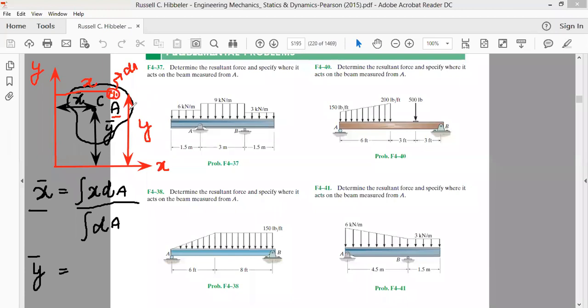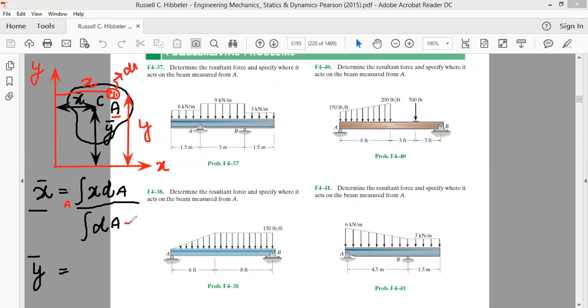Then the x coordinate of the centroid is equal to the x coordinate of the small area dA multiplied by dA, x into dA, and this integration, this area integral x dA, divided by the integral dA.